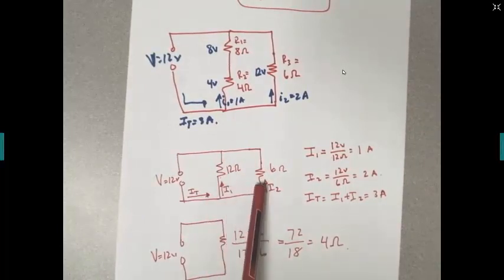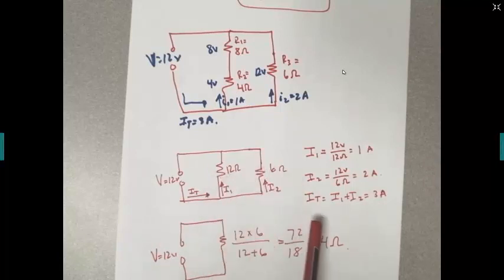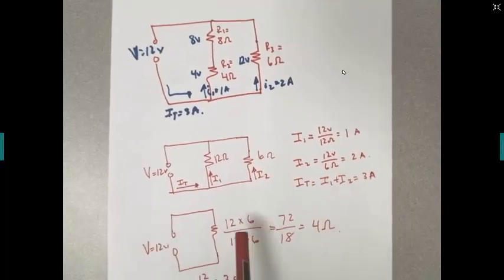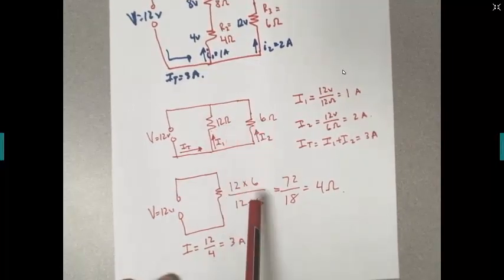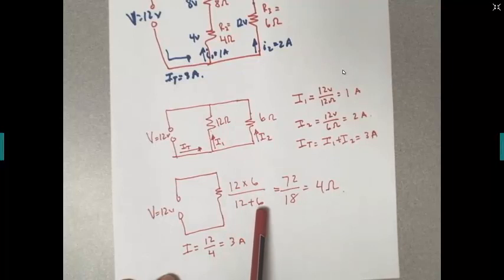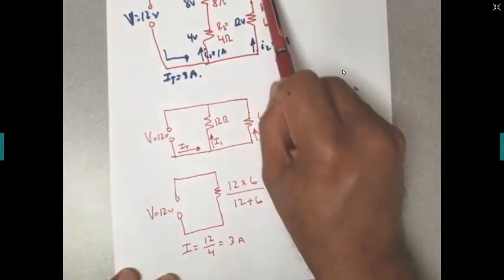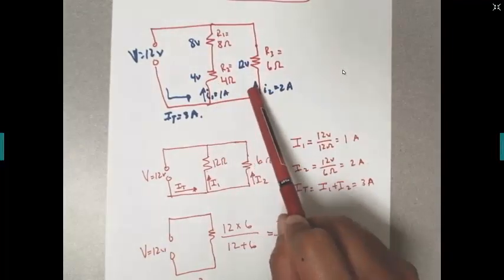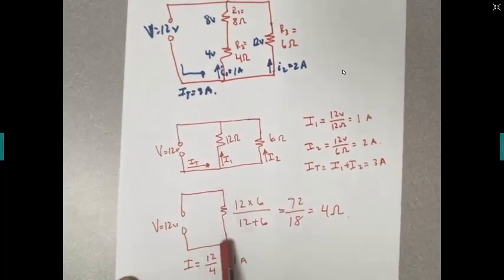So we multiply this one times that one and then divide by the sum of both of them, like we did here. So 12 times 6 divided by 12 plus 6 equals 4 ohms. So this whole circuit right here has an equivalent resistance of 4 ohms.